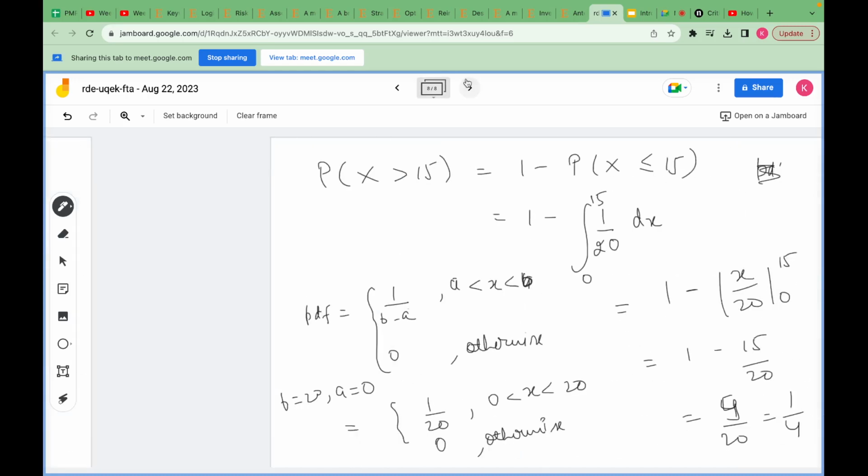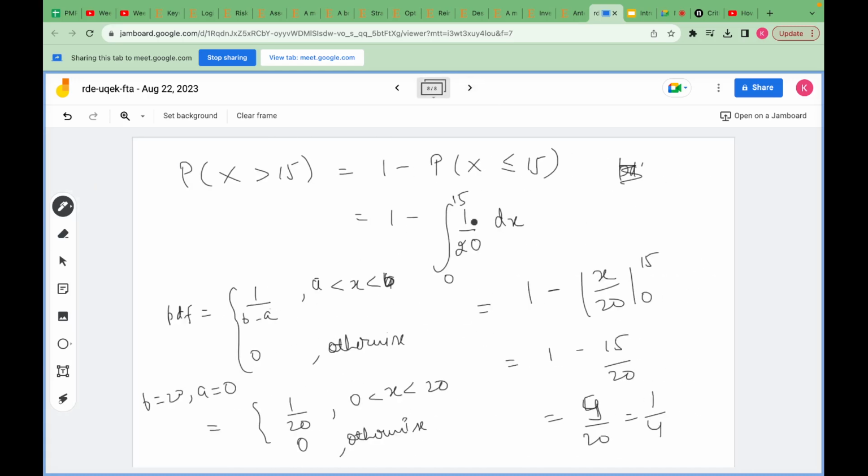So we put in the formula here. The PDF of this uniform distribution is given by 1 upon b minus a, where a and b are the range of the uniform distribution. For this case, b is equal to 20 and a is equal to 0. So the PDF is 1 upon 20 when x varies from 0 to 20, and 0 otherwise.